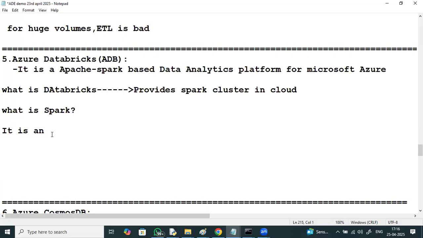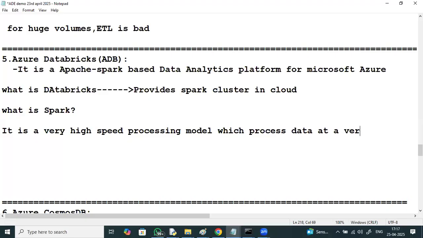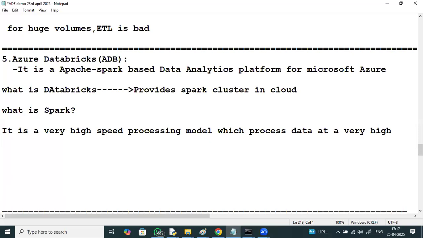It is a very high speed processing model, which processes data at a very high rate of speed.